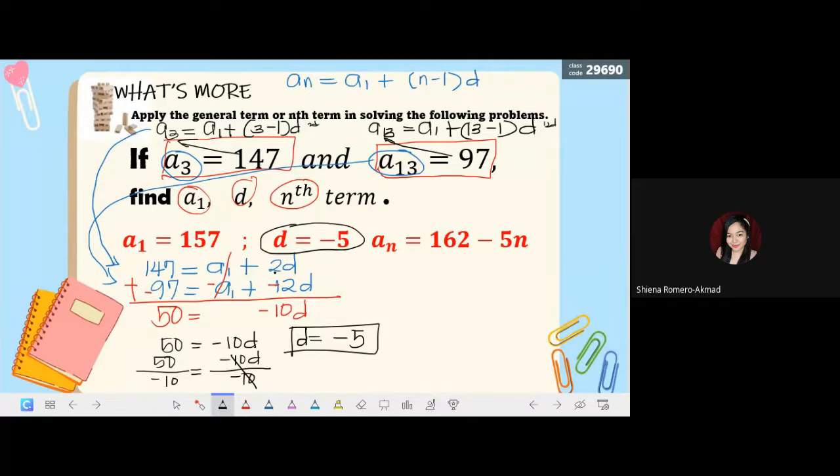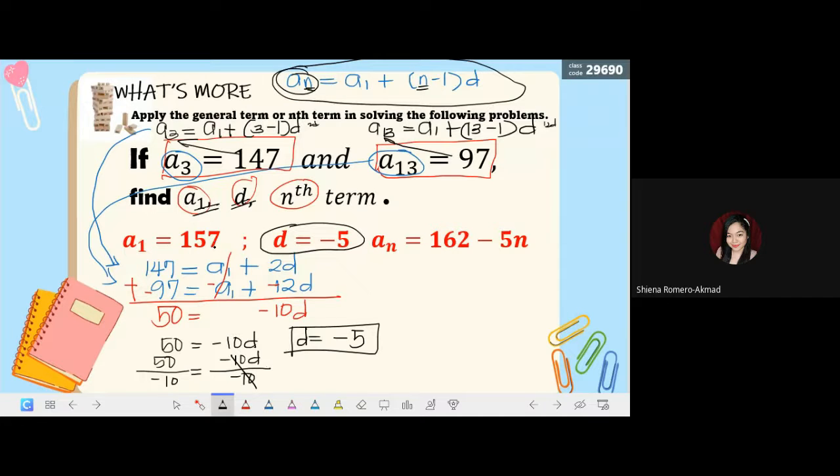Okay? So, nakuha natin yung difference using the equations, no? Nagsimula tayo dito sa general equation ng ating arithmetic sequence. Nag-substitute tayo ng n. And sinubstitute din natin yung value nito. Okay? Next, ang hinahanap naman ay A sub 1. After mo makuha kasi si difference, next is to get the A sub 1.